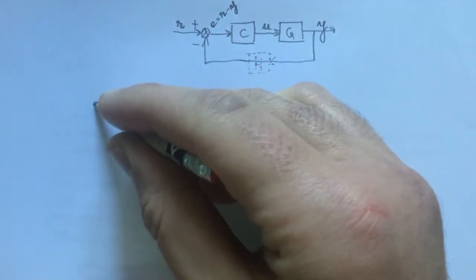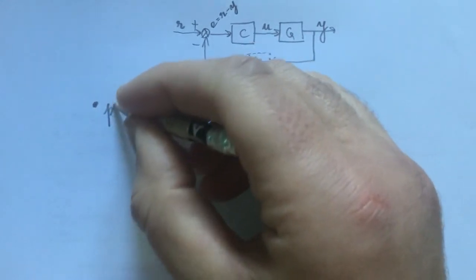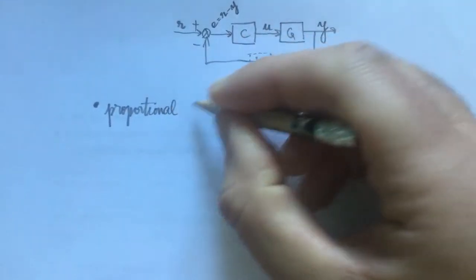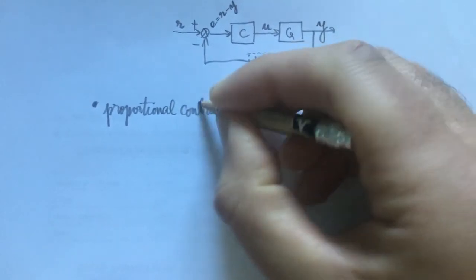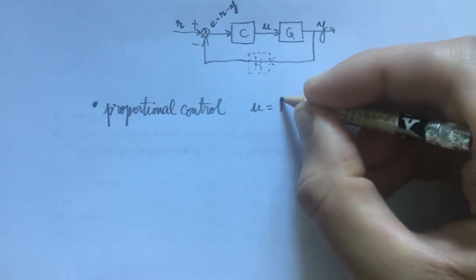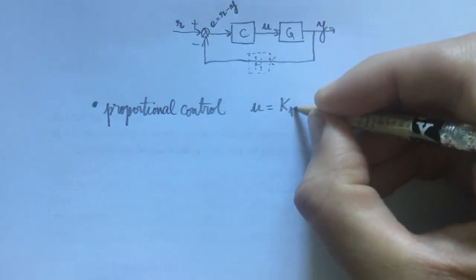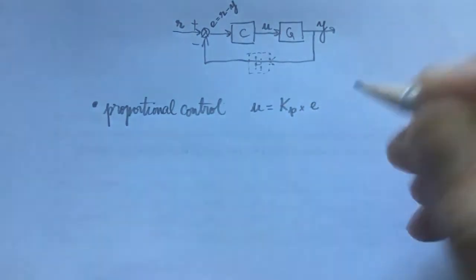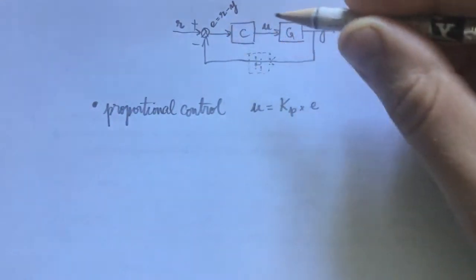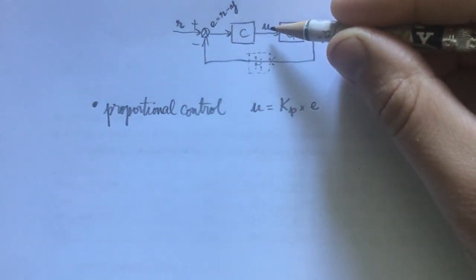Now, the simplest law is called proportional control. In proportional control, the control action is proportional to the error. If the error is small, the control action is small. If the error is large, the control action is large.